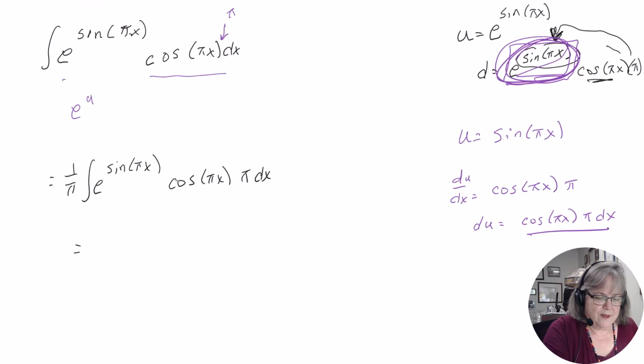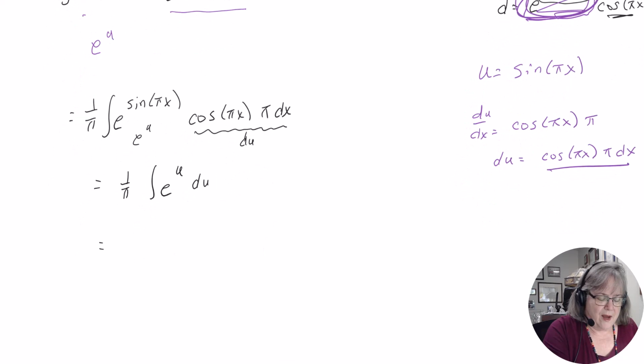So this is 1 over pi e to the u du, because all of this is du, and this is e to the u, right? So how do you do it? This is kind of like e to the x. What's the derivative of e to the x? E to the x. What's the integral of e to the u? E to the u.